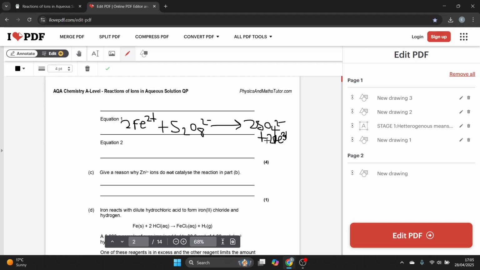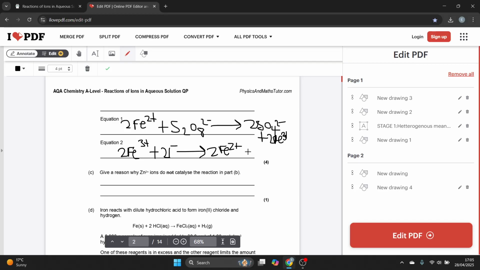They're all going to be YouTube Shorts as well, because I really want to grow my channel by uploading YouTube Shorts. And it also makes sense, maybe one equation per YouTube Short. So 2Fe2+ + S2O8 2- → 2SO4 2- + 2Fe3+, and 2Fe3+ + 2I- → 2Fe2+ + I2.